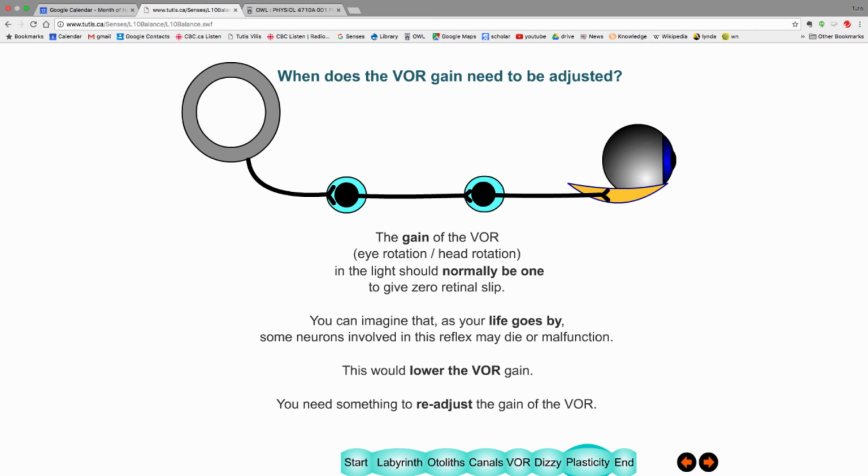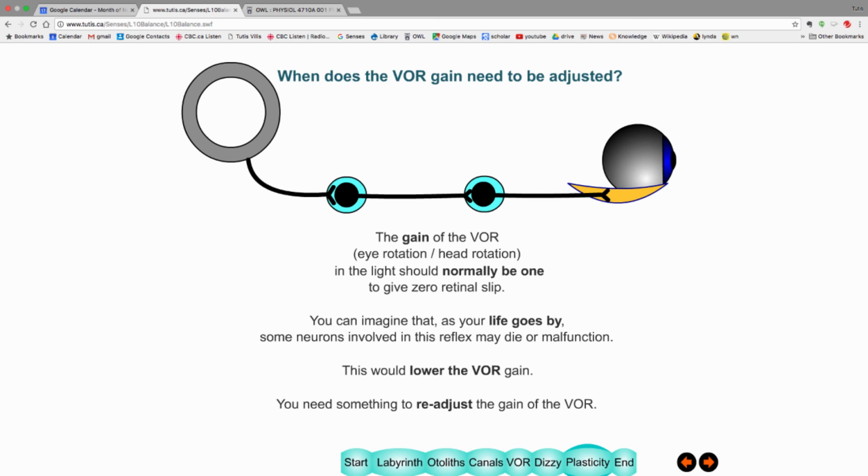Now, throughout life, this is the reflex that ideally will prevent a retinal slip, and it has a gain of -1 ideally, but it changes. Your muscles get older. You might have a few neurons drop out here or here.